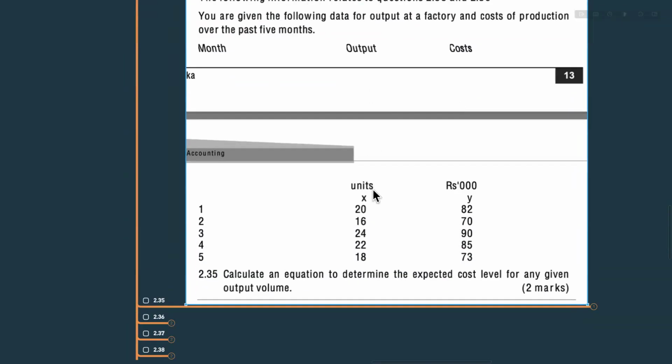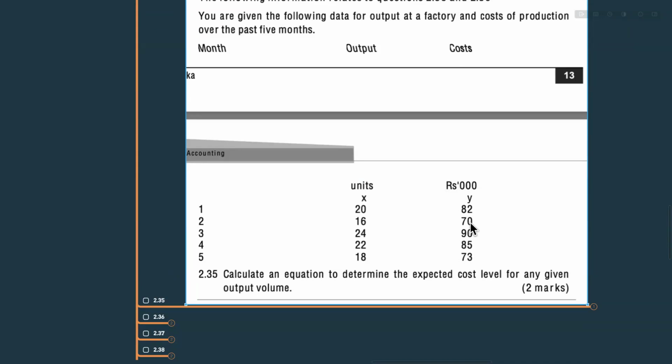See, the output, the units we know, is the X value; the cost, which the question will ask us to estimate. The costs are in rupees 1000, the units are normal. So in 20 units produced, the total cost is 82,000. 16 units produced, 70,000. 24 units produced, it is 90,000. 22 units, it is 85,000. 18 units produced, that is 73,000.